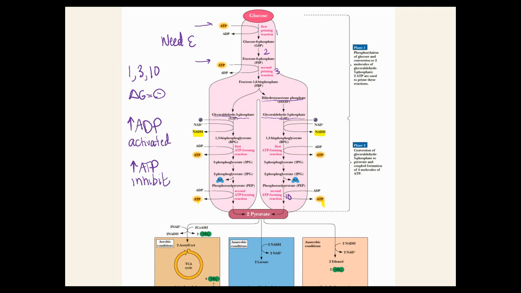So it's going through twice. This is why you end up with 4 ATP. You need 2, so our net amount is 2 ATP. And then here you have 2 NADHs.